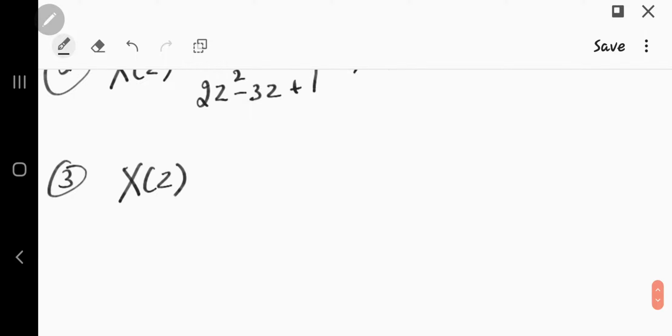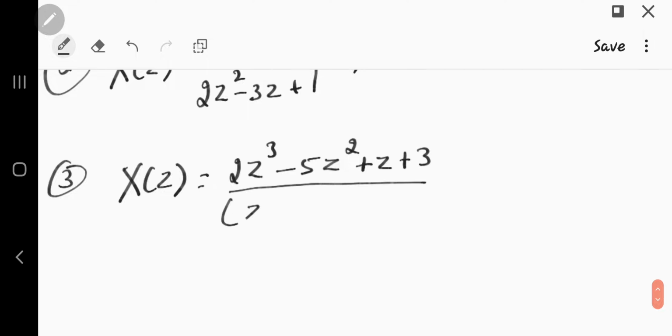X of z is equal to 2z cube minus 5z square plus z plus 3 divided by z minus 1 and z minus 2. So as you multiply the denominator, you will get the powers in positive.